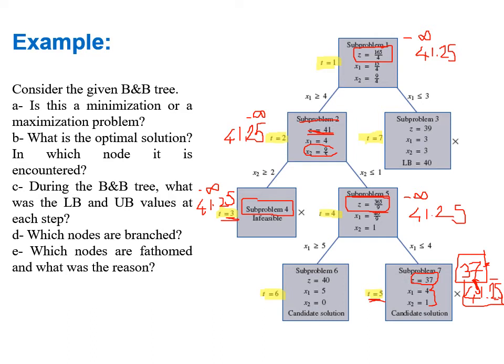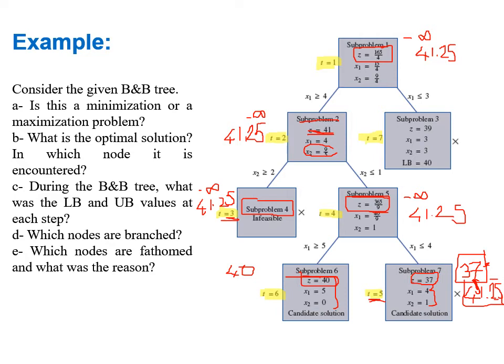So in the next step, we continue with subproblem 6, and we see that this is also an integer feasible solution. Its objective function value is 40. The previous best solution was 37. For a maximization, 40 is better, so we update the lower bound from 37 to 40. Our upper bound comes from the unexplored nodes, and subproblem 3 is still unexplored, with its best possible value coming from its parent.